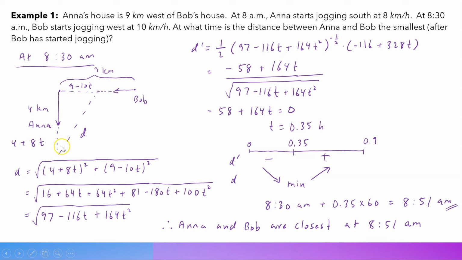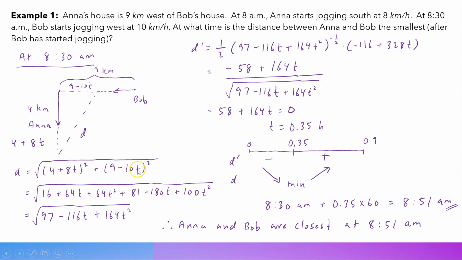And the distance that we're trying to find is the shortest distance between Bob and Anna. And so using the Pythagorean theorem, we get this equation. So d is equal to the square root of (4 plus 8t) squared plus (9 minus 10t) squared.